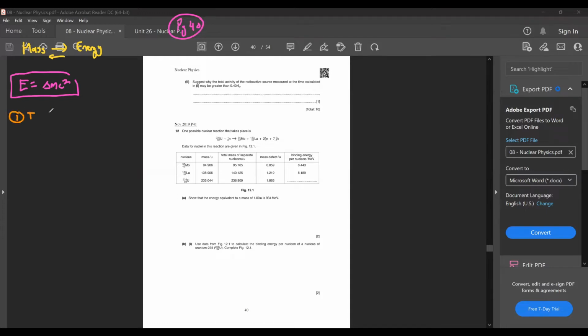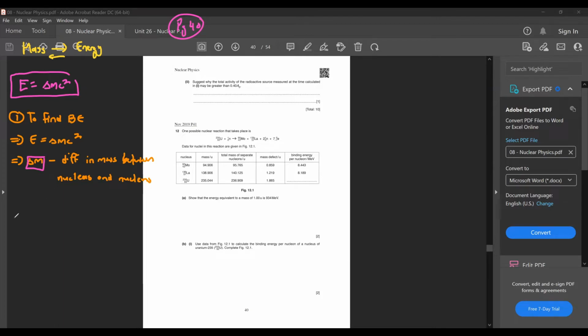Either you can use it to find binding energy, then this one, it will be E equals delta m c squared, but the delta m is actually the difference in mass between nucleus and the nucleons. This is the difference. This is what the delta m, or rather the mass defect, is supposed to tell you.